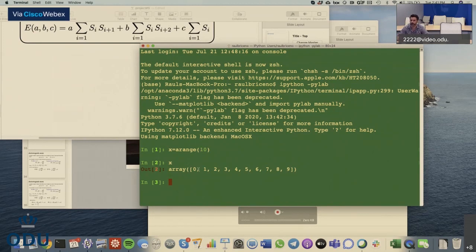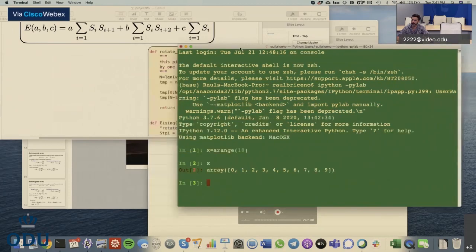I've given it 10, so it goes from 0 all the way to 10 minus 1, in other words, 9.